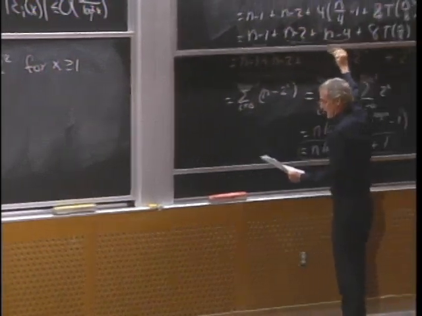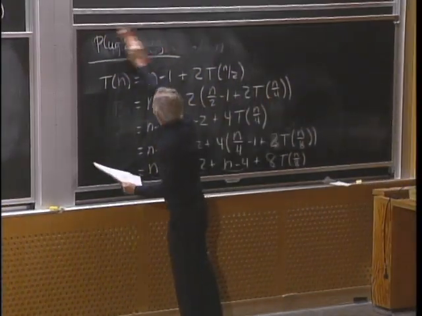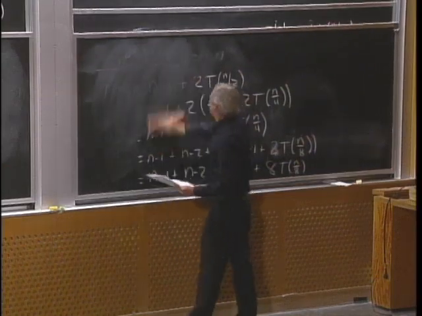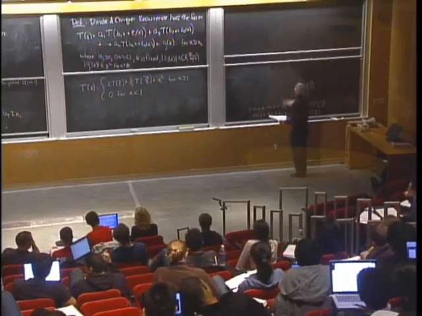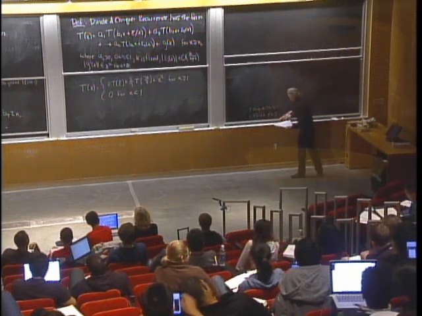All right, so now we teach it. And in fact, you can write the solution down more easily than you can write the definition of a divide and conquer recurrence. Really remarkable.